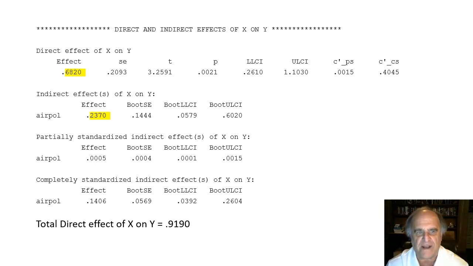So again, our direct effect would be that part of the total effect that's due to the direct relationship between density and deaths after we control for air pollution. And then we have our indirect effect, which is 0.2370 for air pollution. And again, you can see this is significant when we look at the confidence intervals.